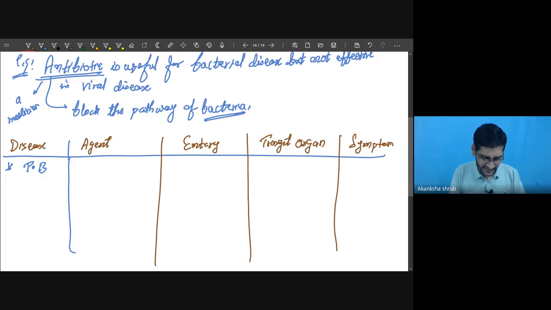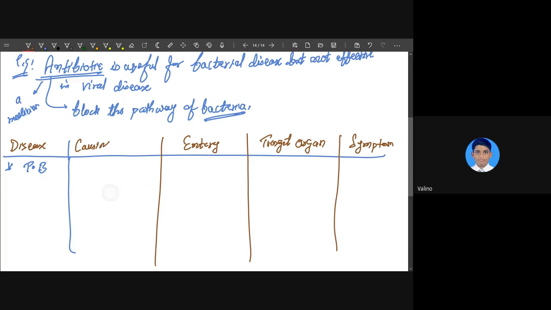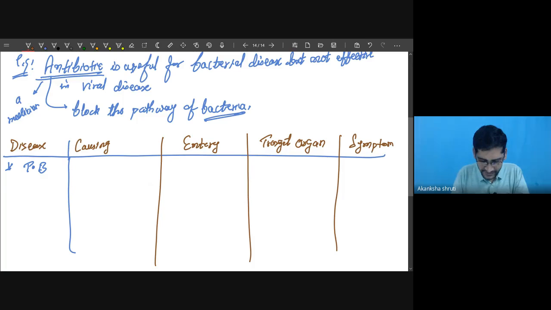Students, let us consider the very first as TB, tuberculosis. Tuberculosis, which kind of causing agent, students? There we had already listed. Asthma, that is okay, but whether it is bacterial, viral, which kind of agent is there? We had just written, no, it is bacterial. Okay? It enters through the nose.